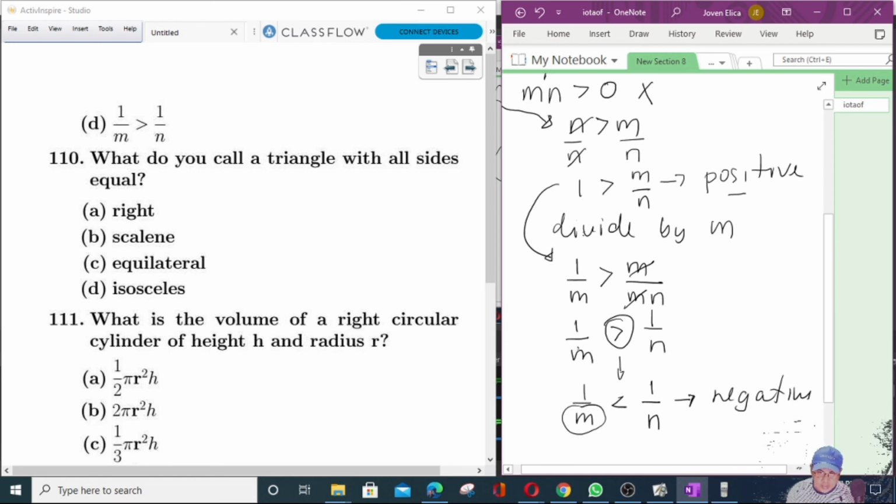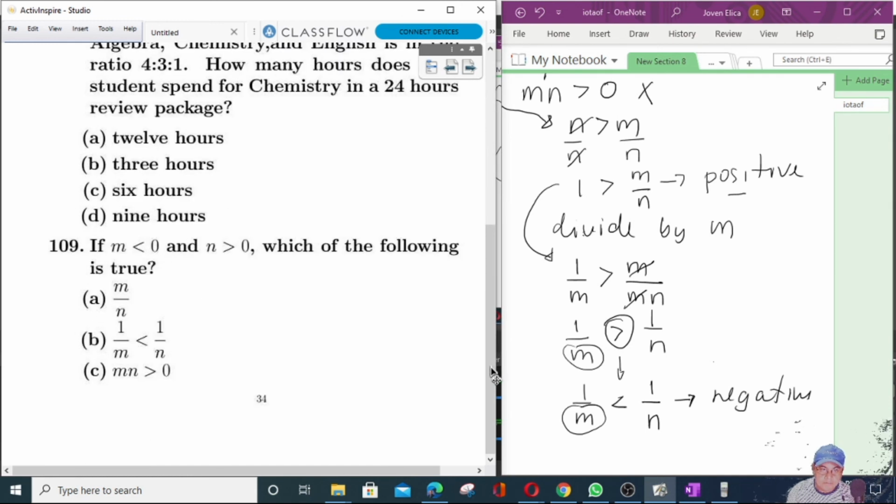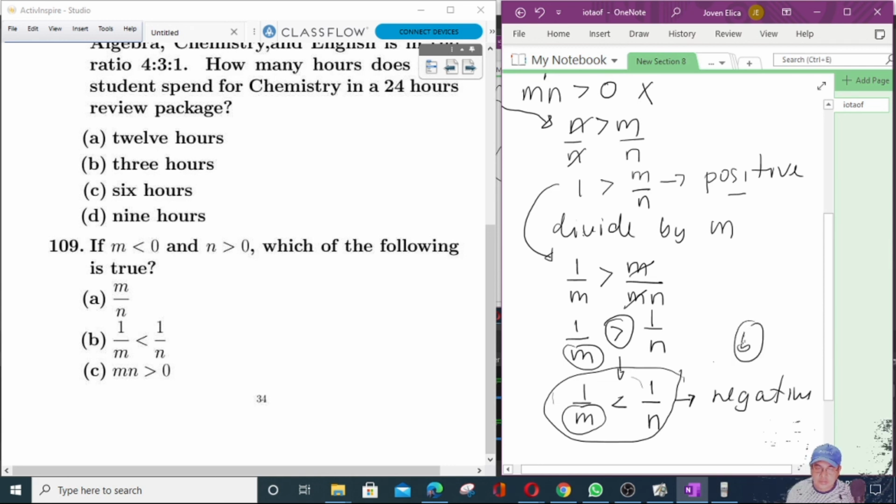So if this is negative, 1 over m should be less than 1 over n. So we get the two conditions right. Therefore, the answer should be letter B. Okay, so this is letter B.